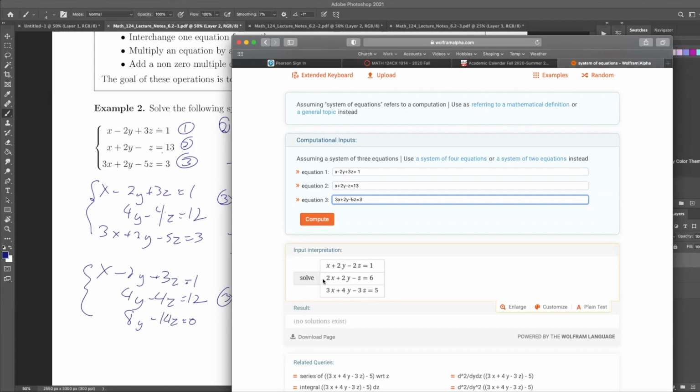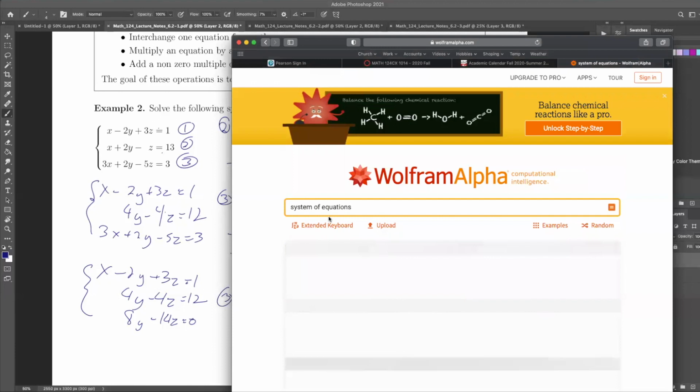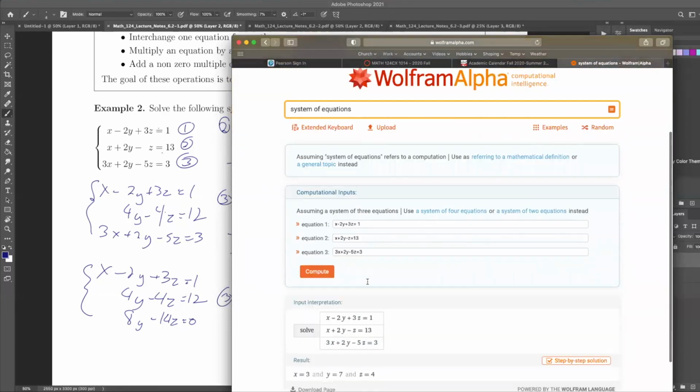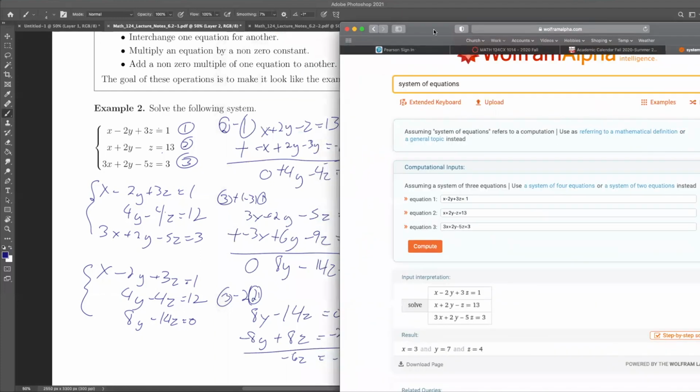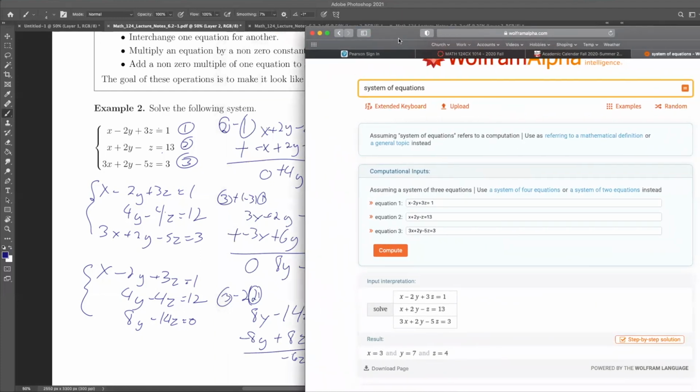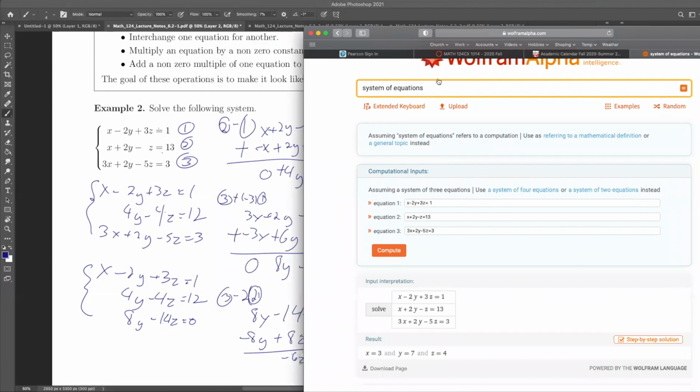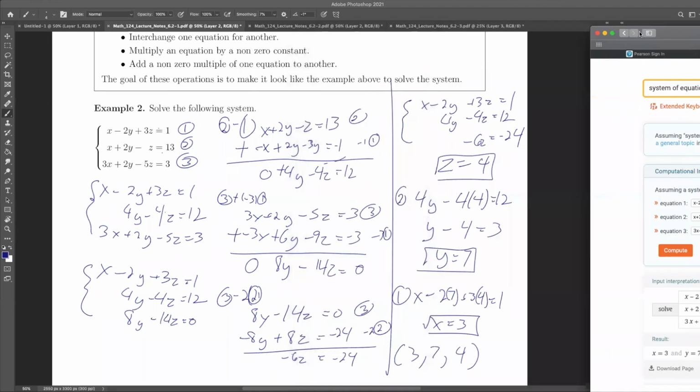Okay, and we'll just have that compute for us. And we should get 3, 7, and 4, as we got. So this is just how you type it in the computer. Just type system of equations, hit compute. It assumes you want a system of 3 equations, which is correct.